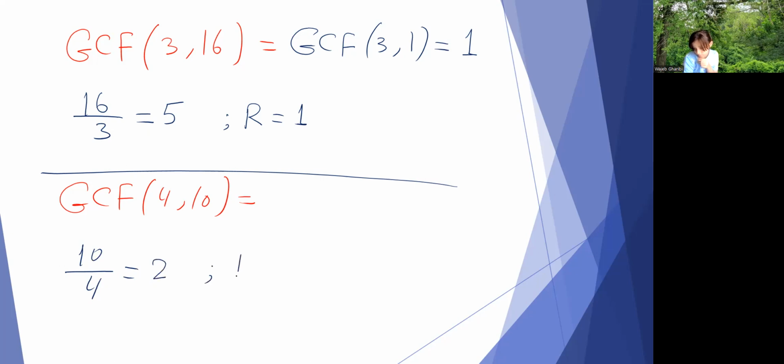What is the remainder? 2. The remainder is 2. So we put 2 instead of 10 here. And what is the greatest common factor of 4 and 2? Still so easy, yeah? We are done.